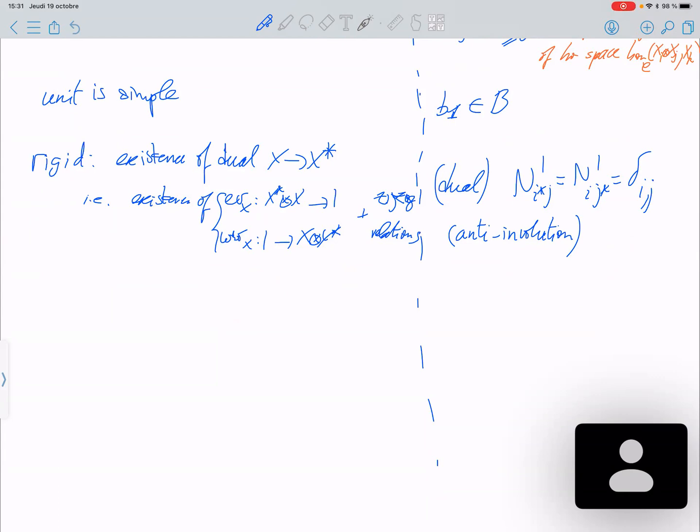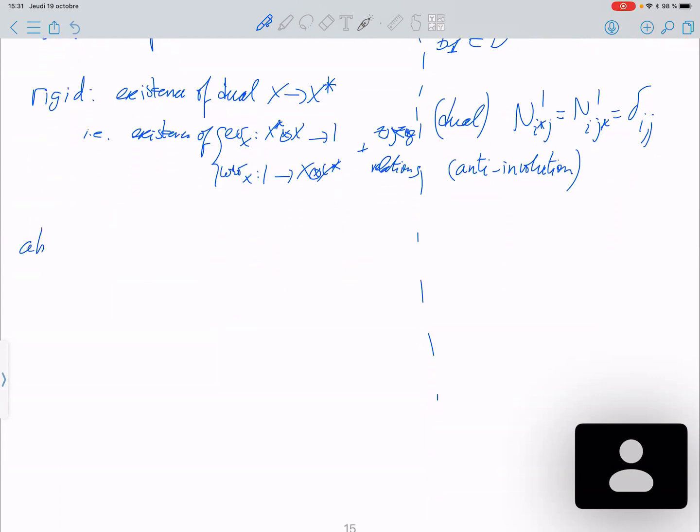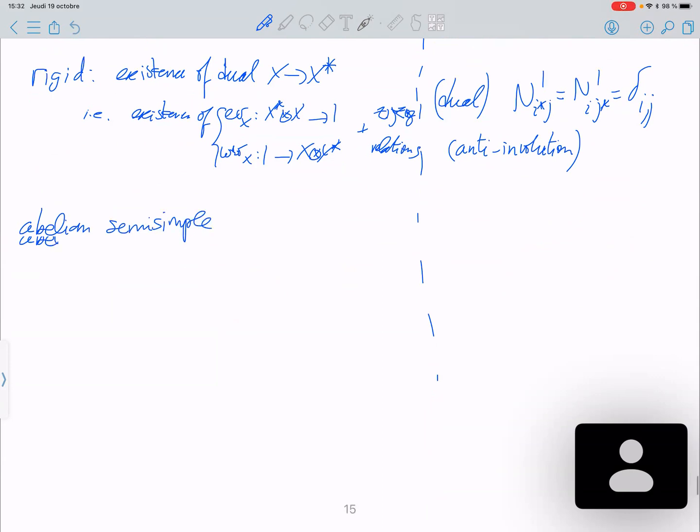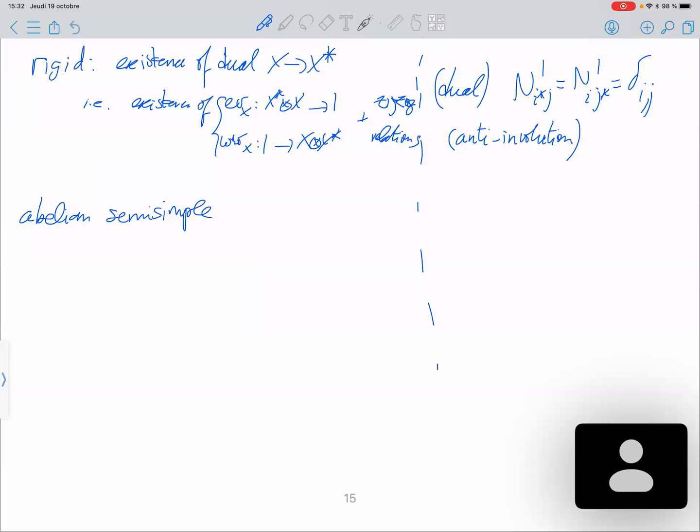Okay, now abelian semisimple corresponds to: semisimple means every object can be decomposed into a direct sum of simple objects. Here you can see it at the fusion ring level. Every product decomposes as a sum of elements of the basis.